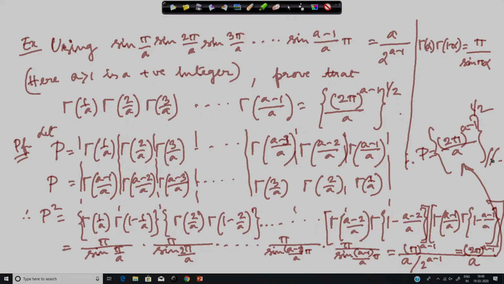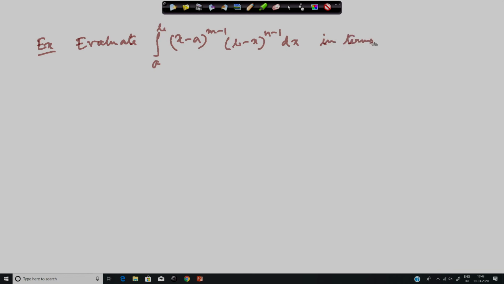Evaluate the integral from a to b of (x minus a) to the power m minus 1 times (b minus x) to the power n minus 1 dx in terms of the beta function.